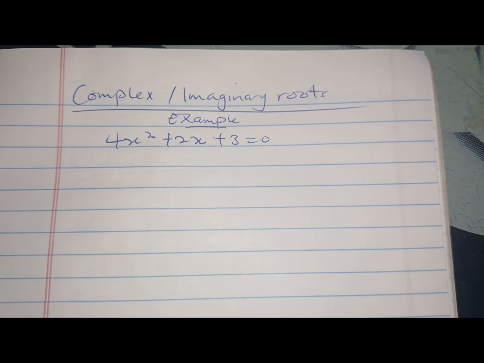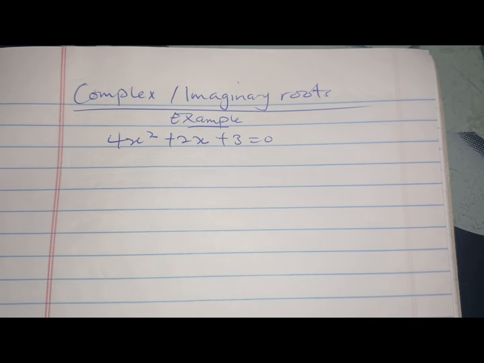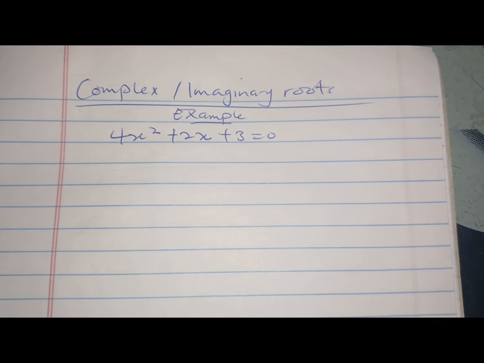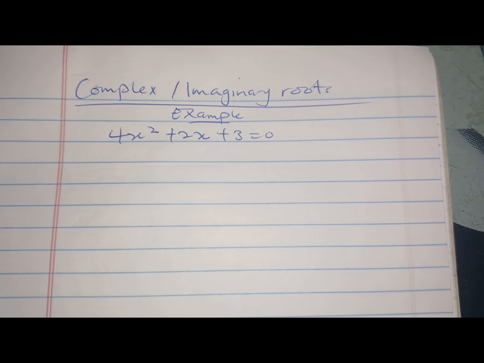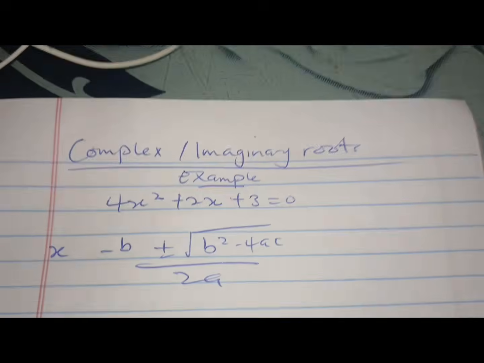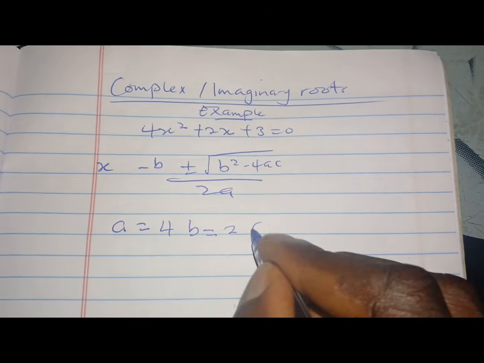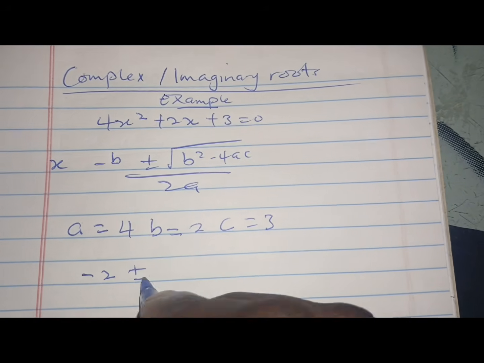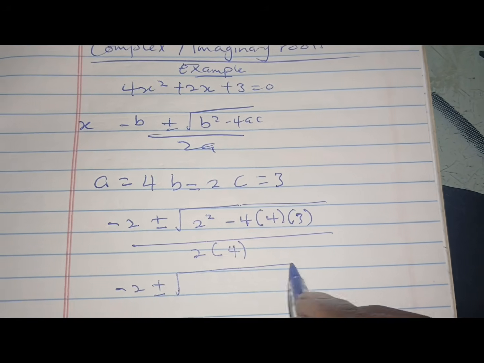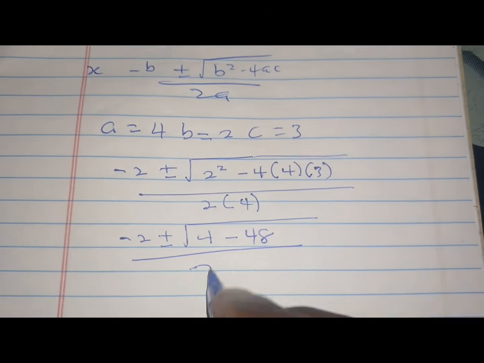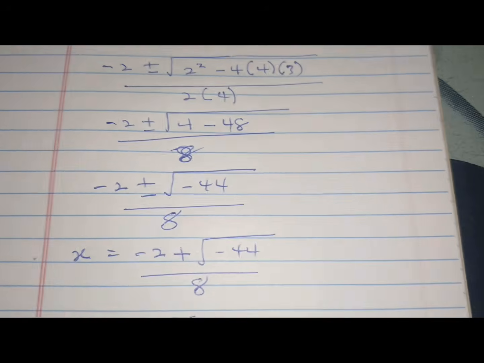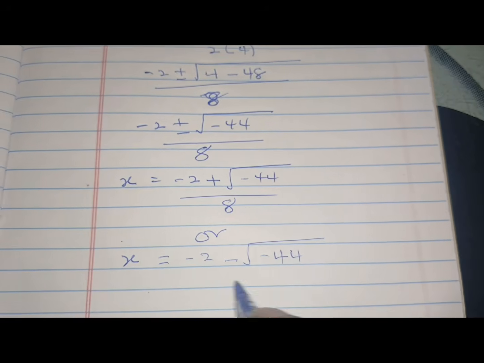Complex or imaginary roots, let's take this as an example. Let's use the general quadratic formula to solve this to find out what the outcome will be. What roots are we going to get? So we've stated root.